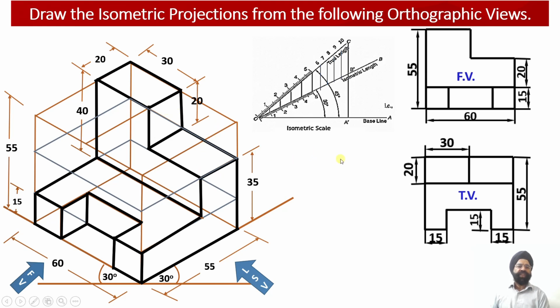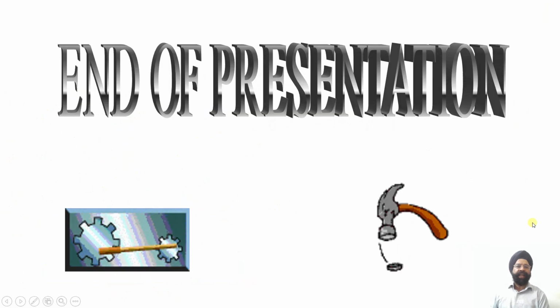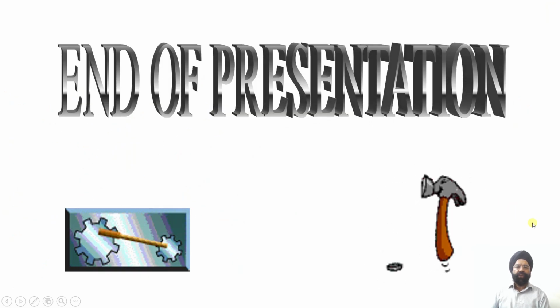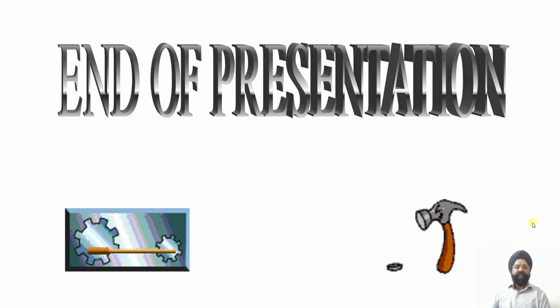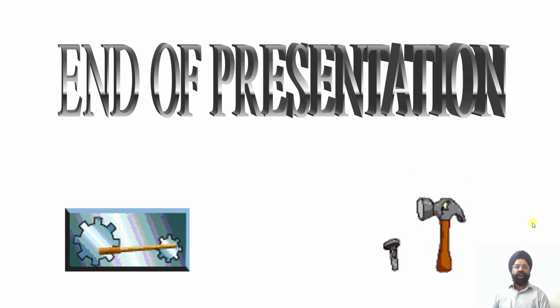So this way we have been able to complete the construction of the isometric projections of the solid, wherein the front view and the top view orthographic projections were available with us. So I hope that through this discussion you would have understood the procedure to develop the isometric projections of the solid when the orthographic views of the solid were available.